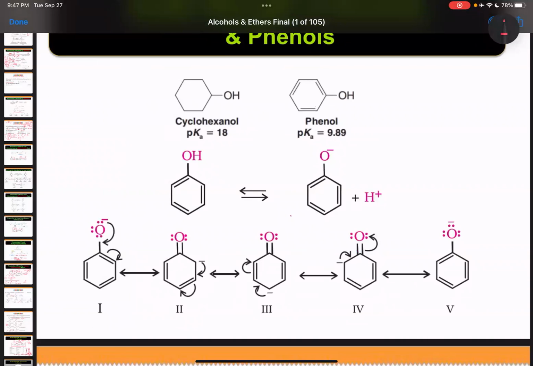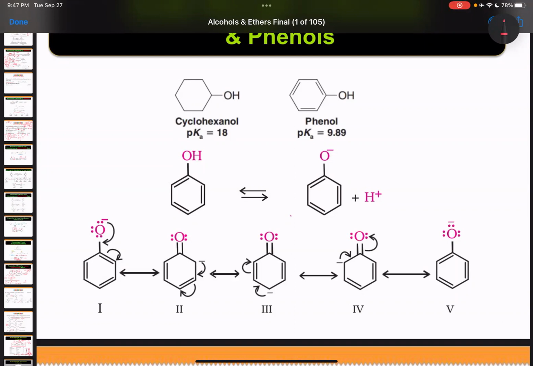And why is cyclohexanol less acidic than phenol?